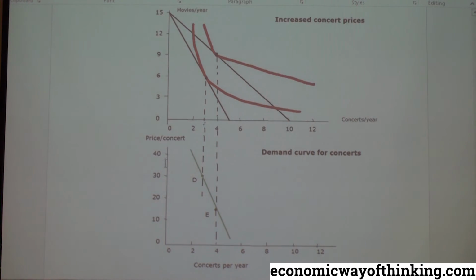On that graph, we have prices and quantity of concerts. So at price 15, we are willing to attend 4 concerts, and when price is 30, we are willing to attend 3 concerts. If you connect these two points, E and T, you will get the famous downward sloping demand curve.